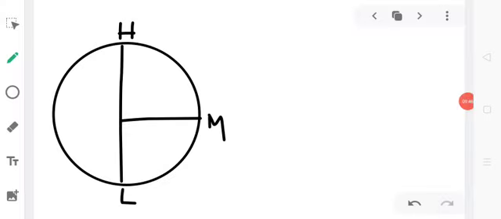While the body is moving in a vertical circle and the string becomes horizontal, as at M, theta is equal to 90 degrees.